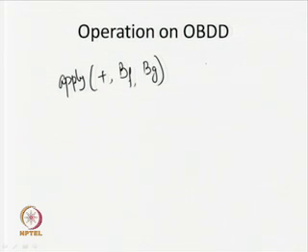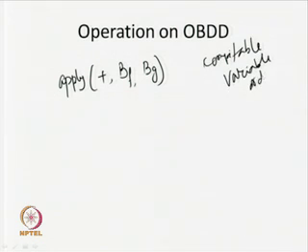Here they should have compatible variable ordering. The result of this operation will give me an ordered BDD.